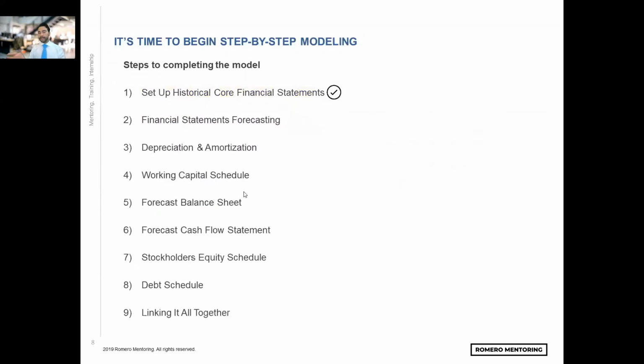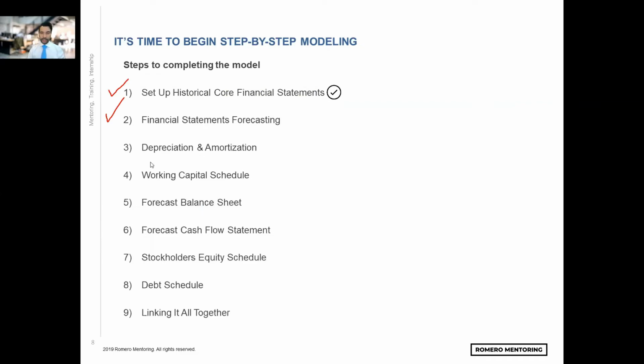So in this particular slide, I've listed the steps that you would normally consider when you're building a full-blown model. However, for simplicity purposes, in this particular lecture, we're only going to focus on, number one, setting up the core model, and number two, forecasting our financial statement model.